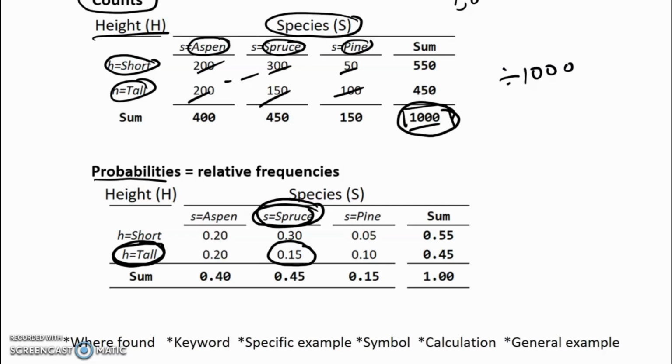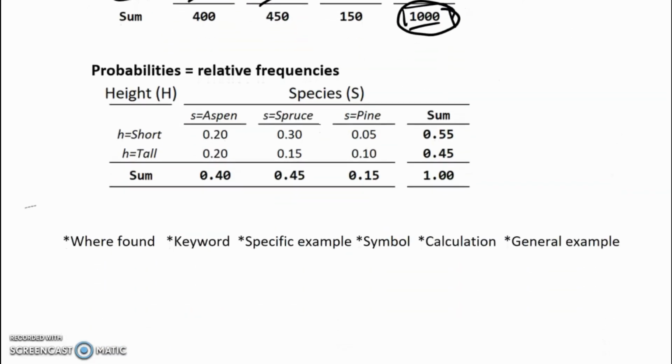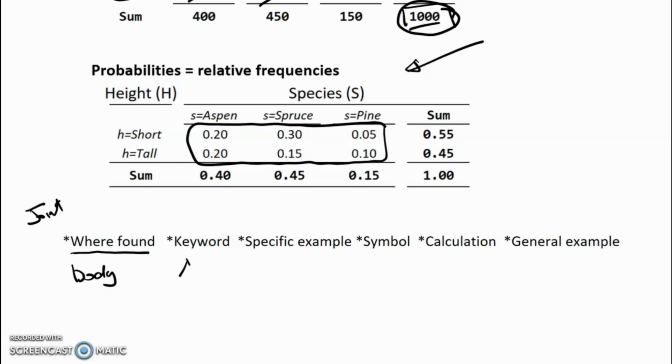So let's begin with this idea of joint probabilities. Where are these joint probabilities found in this table? They're found in the body. The key word is and.